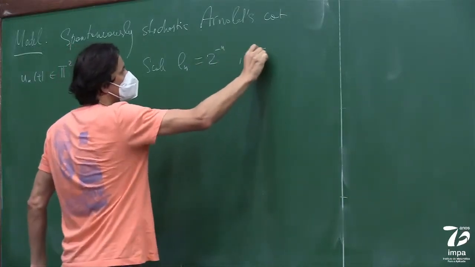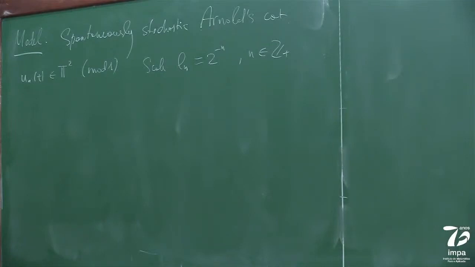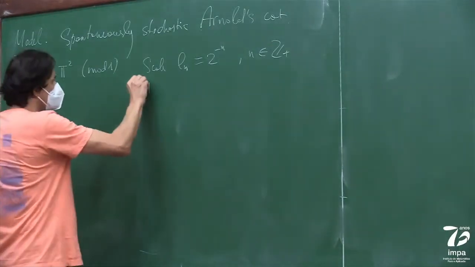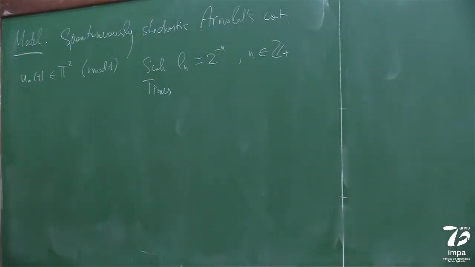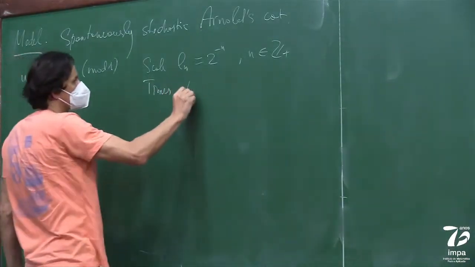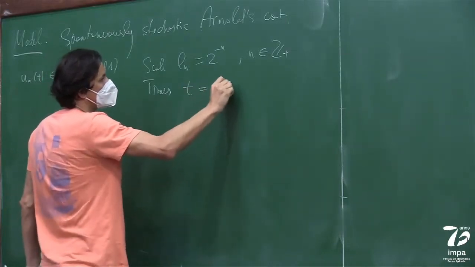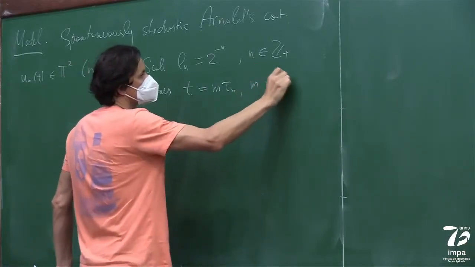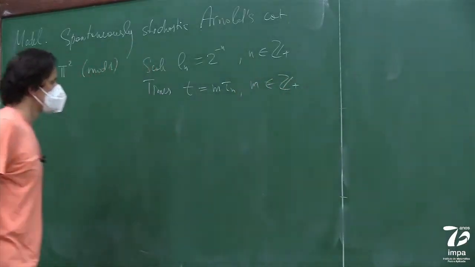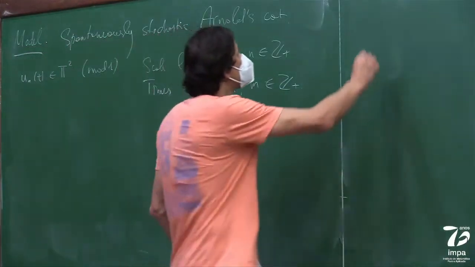So n is an integer starting from 0, and times are given in terms of the turnover times, which are the same as scales. So times can be m tau n, where m is also an integer. So at the end, we end up with a structure, which I put here.